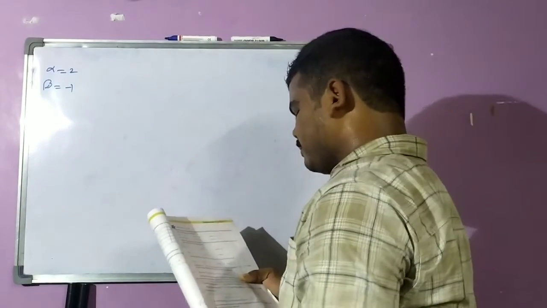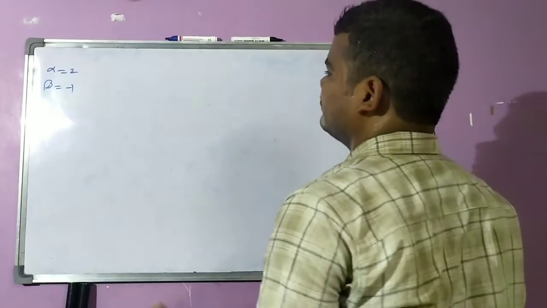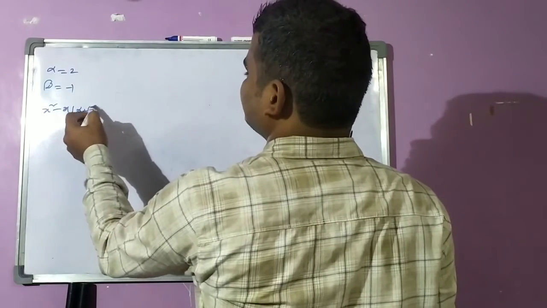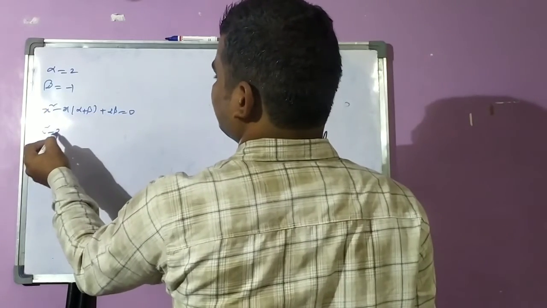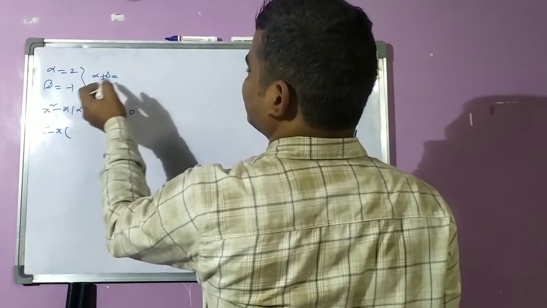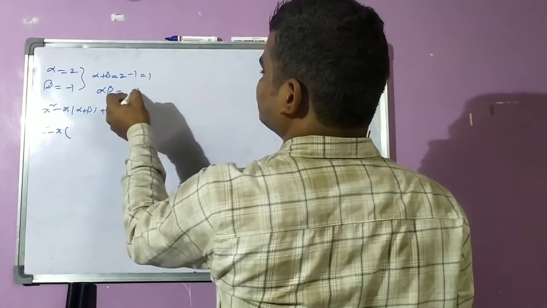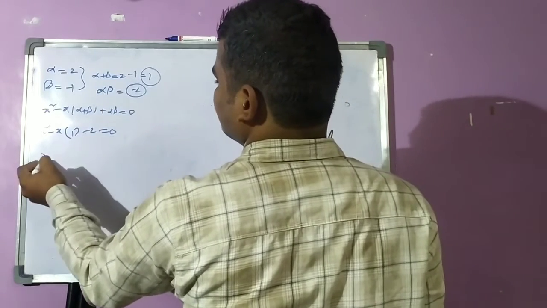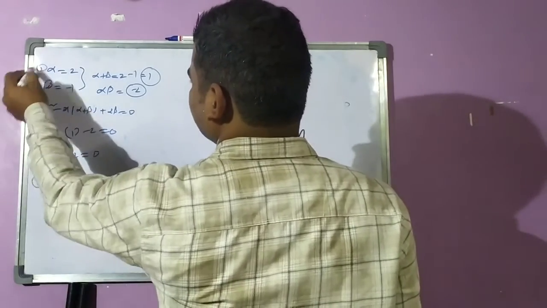Now x square minus x into alpha plus beta plus alpha into beta is equal to 0. What is alpha plus beta here? Alpha plus beta is equal to 2 minus 1, which is 1. Alpha into beta is equal to minus 2. Here it is 1, and 1 minus 2 is equal to 0. X square minus x minus 2 is equal to 0. Second one.